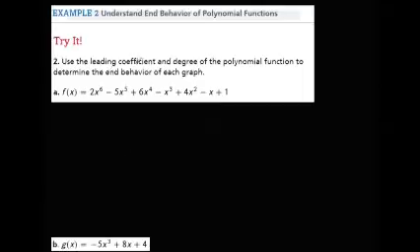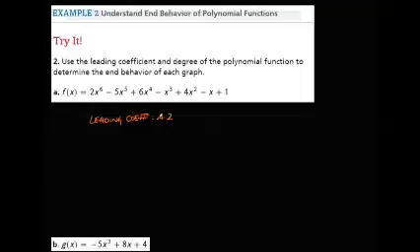Use the leading coefficient and the degree of the polynomial function to determine the end behavior of each graph. So first off, we need to check. I think this one is in order. It is in standard form because the exponents go 6, 5, 4, 3, 2, 1, 0. So it is in decreasing order. So the leading coefficient here is a positive 2.